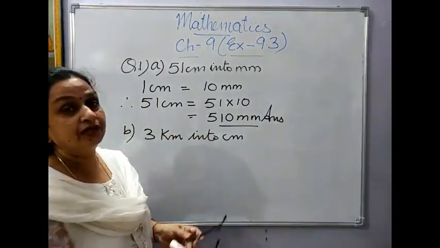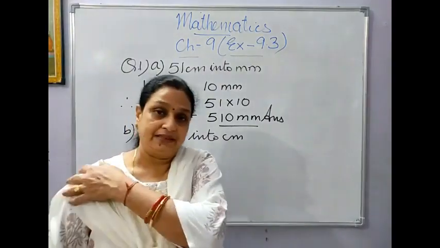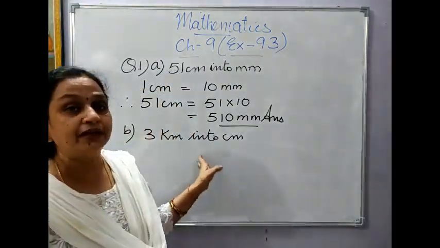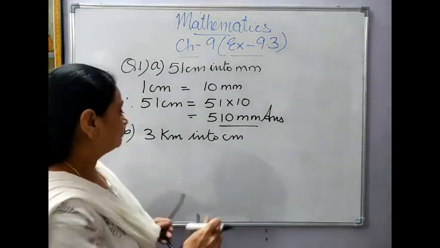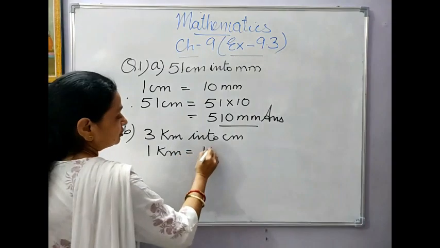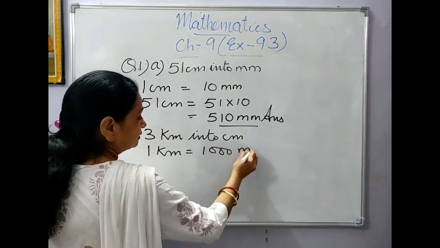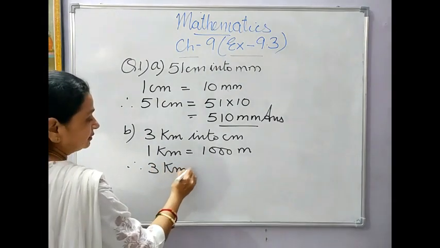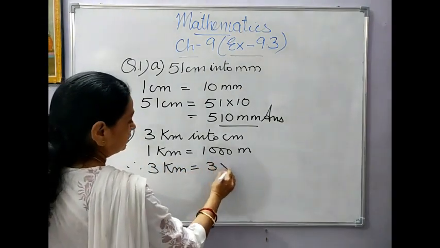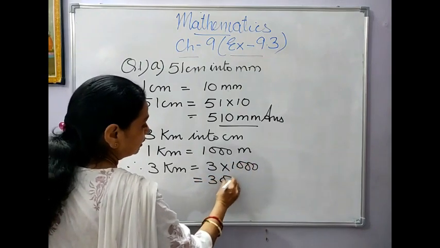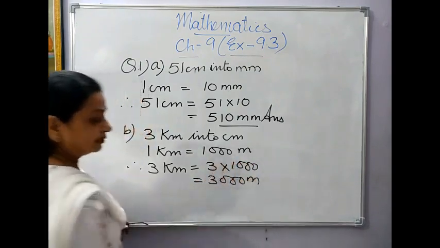So first we will convert this into meters. That will be more easier. Otherwise it would have been a longer sum. So what we will do, we will first convert 1 kilometer is equals to 1000 meter. Therefore 3 kilometers is equals to 3 into 1000 is equals to 3000 meter.